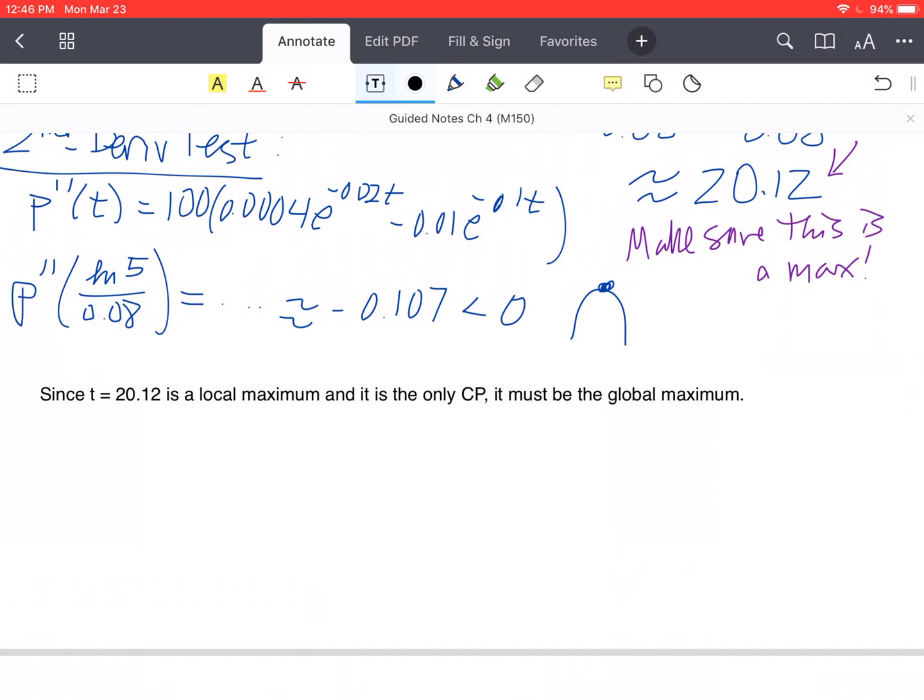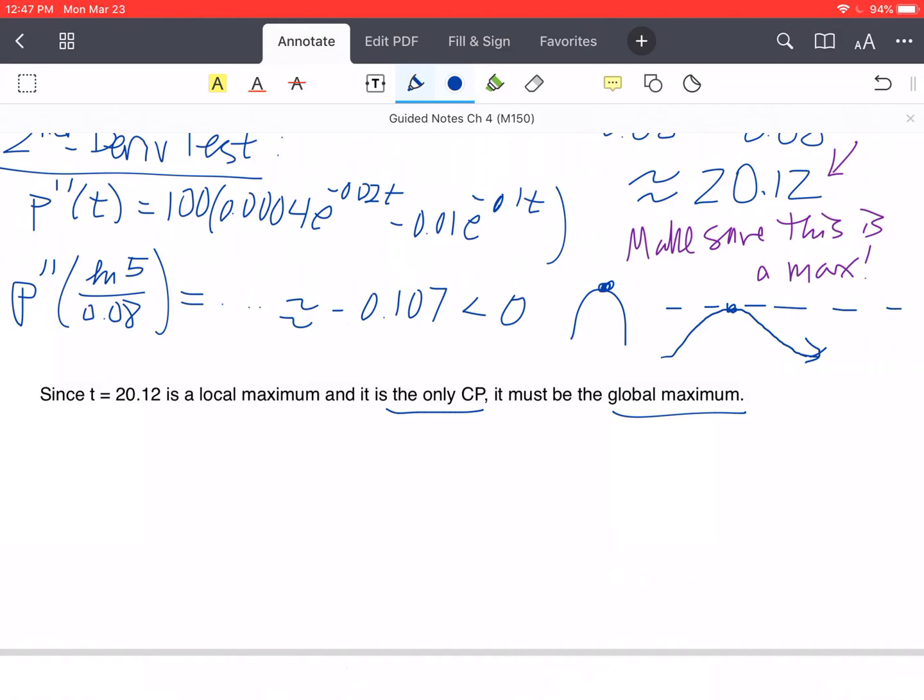Once it goes up, hits its maximum value, and starts going down, it will never go back up again. That means this must be the highest value on the whole graph. That's why being the only critical point allows us to conclude that it is the global maximum.